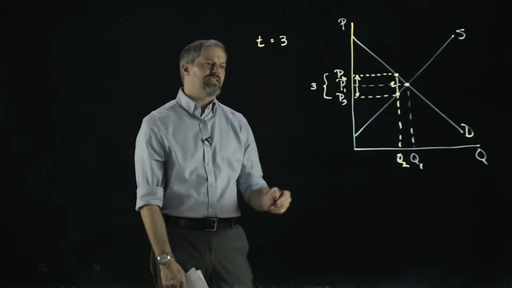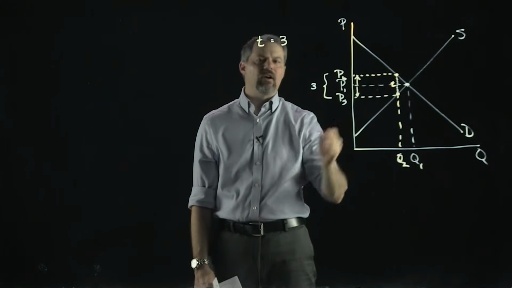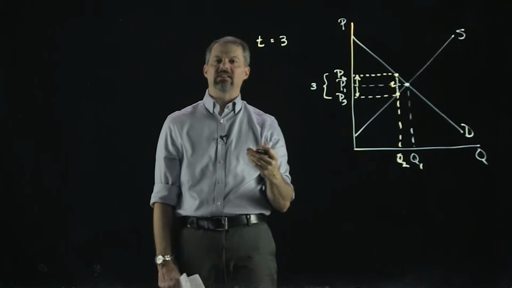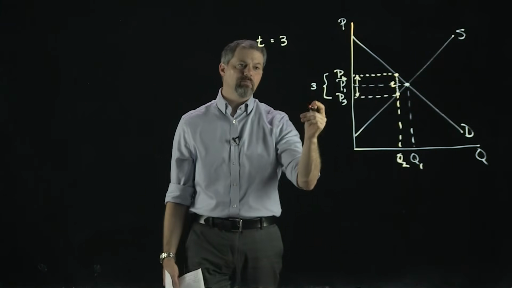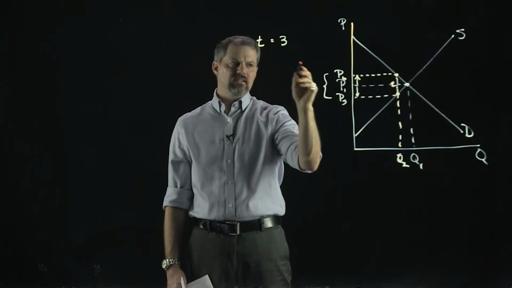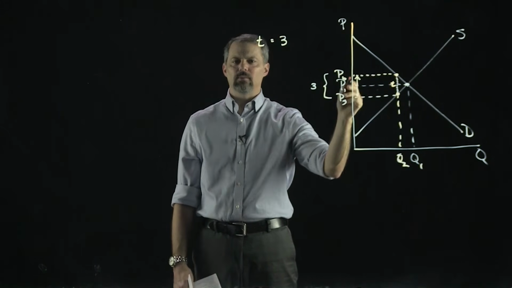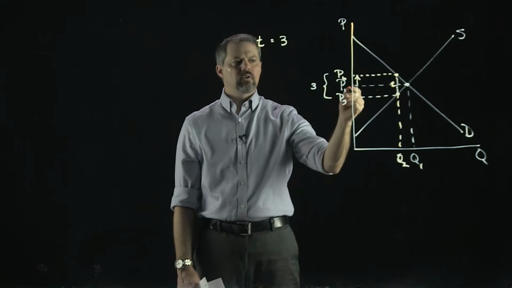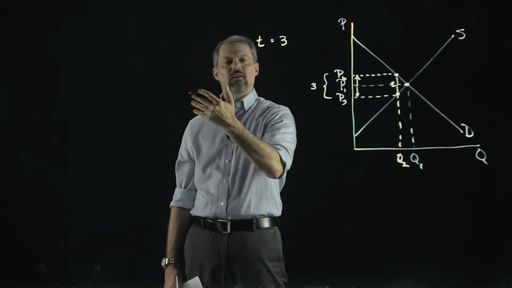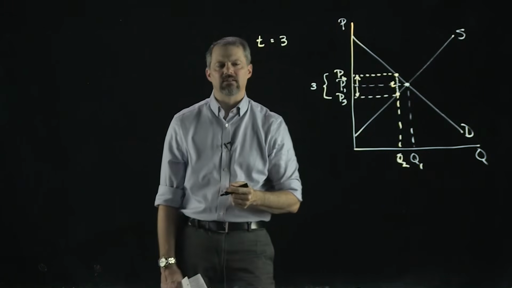What you're going to find is that part of the tax burden is going to fall on buyers and part will fall on sellers. In this picture it looks like it's split equally. So it could be that $1.50 of that $3 tax falls on the buyers. It drives their price up by $1.50. Drives the seller's price down by the other $1.50. So half the tax could fall on the buyers, half could fall on the sellers.